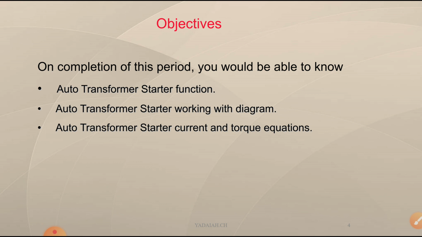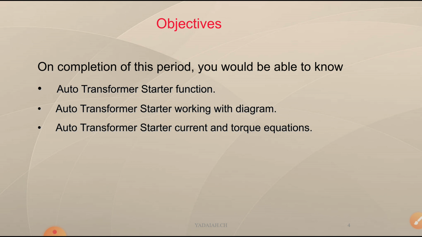Before going to our subject, let us recollect what a starter is. A starter is an electrical device which limits the current drawn by the motor at the time of starting.